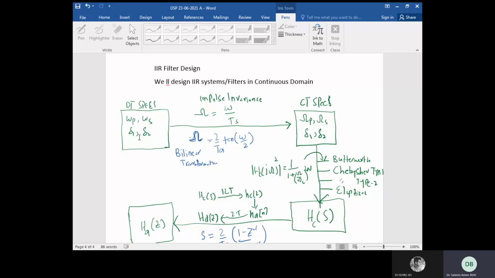Okay? Is it clarified? This is really important to first understand that Butterworth, Chebyshev, elliptical are all analog filter design techniques, but your course is discrete time signal processing. So this is a little bit conflicting that we are taking discrete time signal processing, but the filter is another very important part of signal processing.